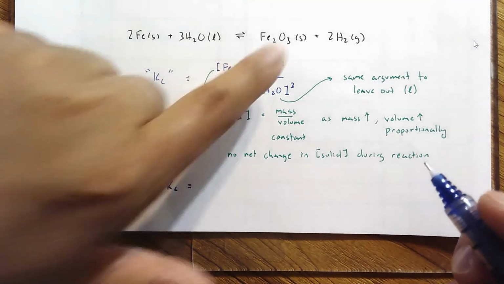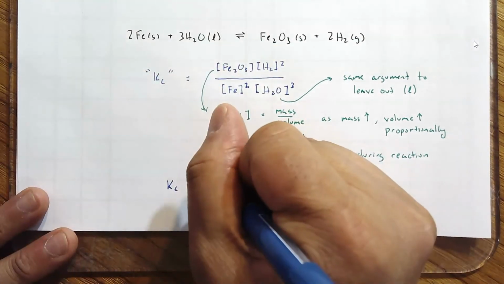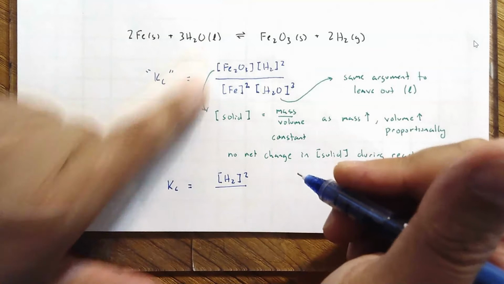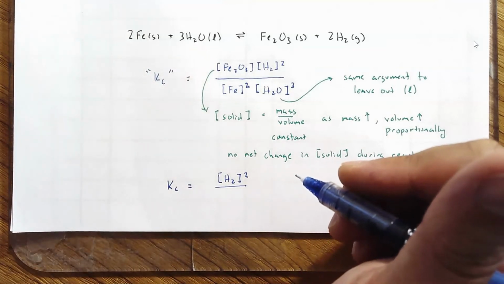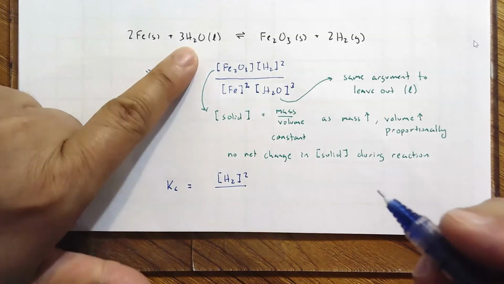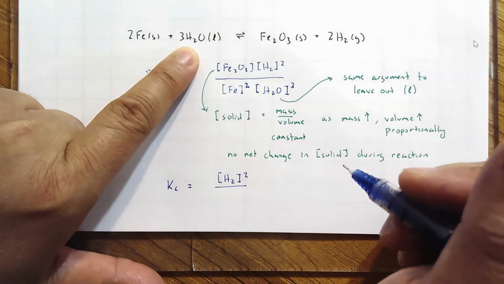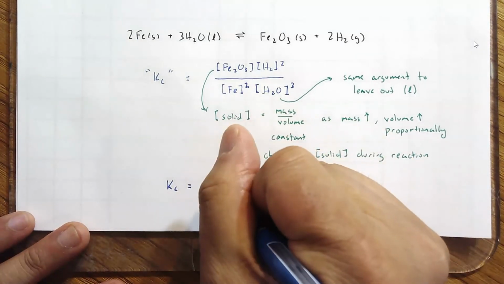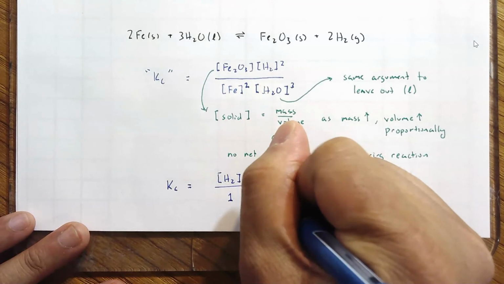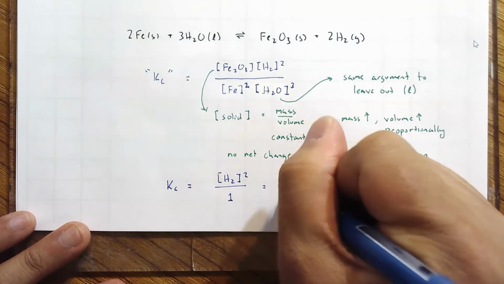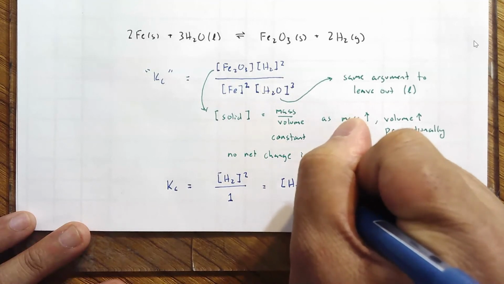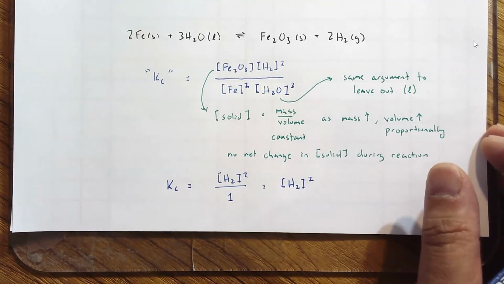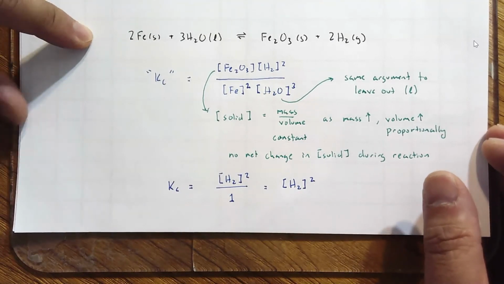We gotta leave out that solid here. So the numerator is just H2 squared. We gotta leave out the, ooh la la, I was not expecting that. The water's a liquid and the iron's a solid. So actually the denominator is just 1. Interesting. That is your equilibrium expression for this reaction.